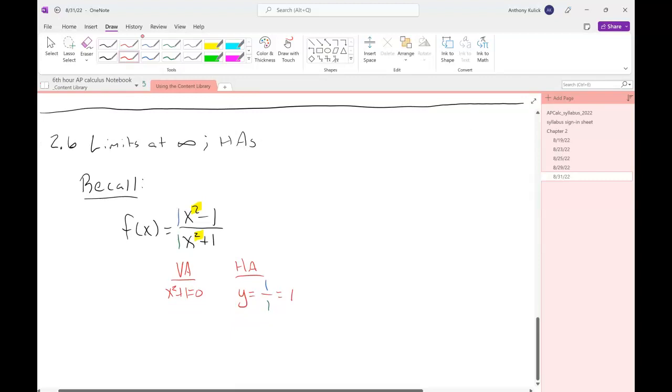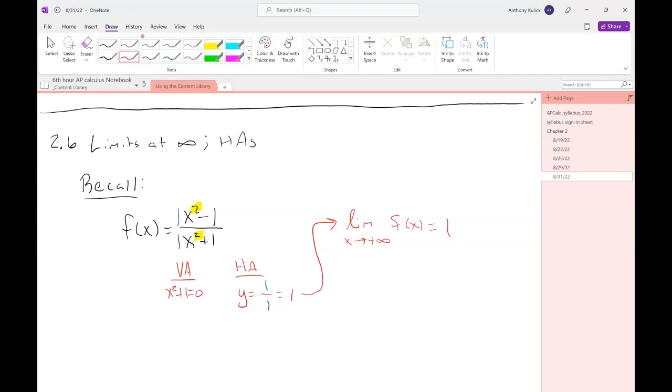And if I have a horizontal asymptote, what's really happening here? Well, the limit as x approaches infinity of f of x should be 1, right? As x gets very, very big, we're getting closer and closer to 1.